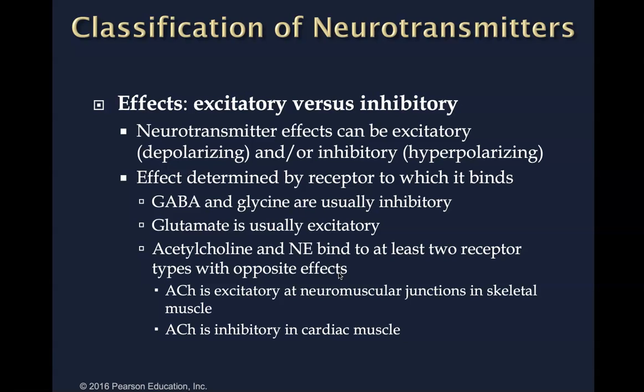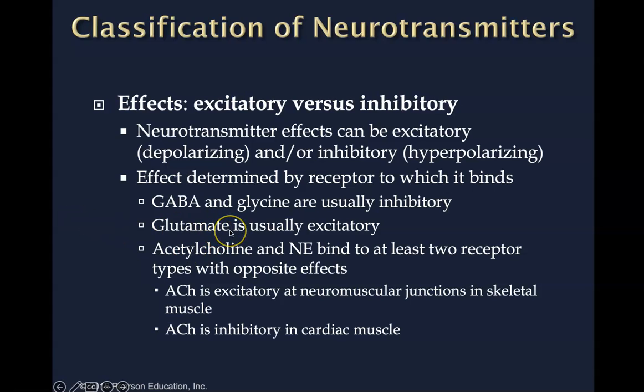Now, remember that some of these neurotransmitters in some areas of the body will be excitatory and then inhibitory in other areas. GABA and glycine, which we didn't really talk about, are almost always inhibitory. Glutamate we talked about as excitatory, the excitatory one in the brain.